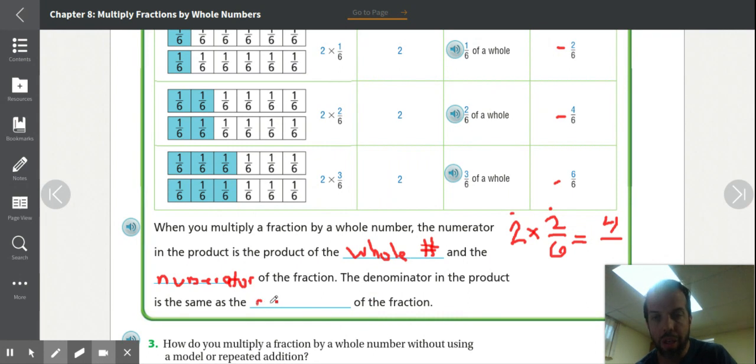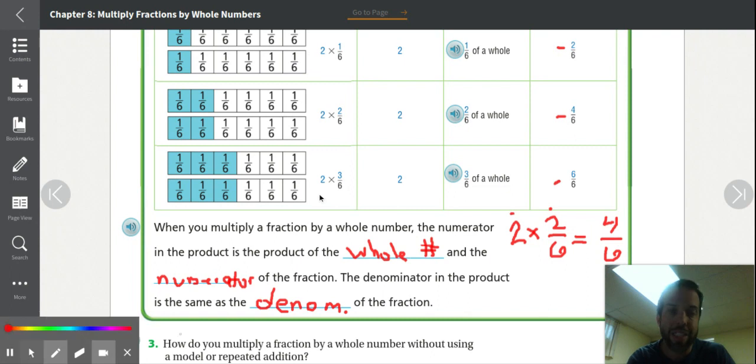I'm going to write denom for short, and we will all know that means the denominator. So when I do this, I would just keep my denominator the same. It's going to be the same as the denominator in my fraction. All right, so that's a review of what we've already done.